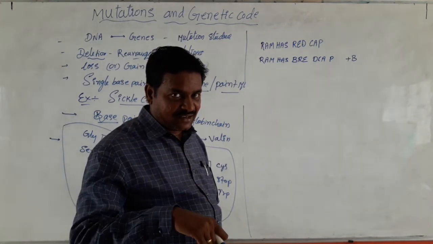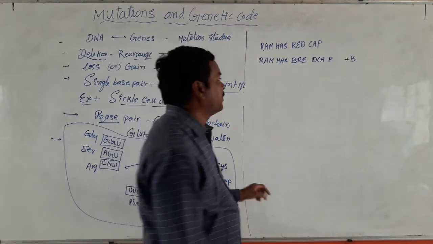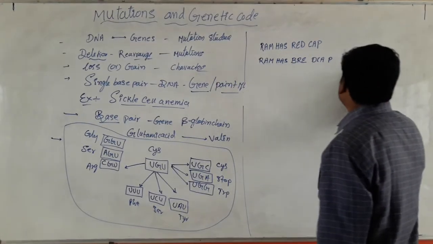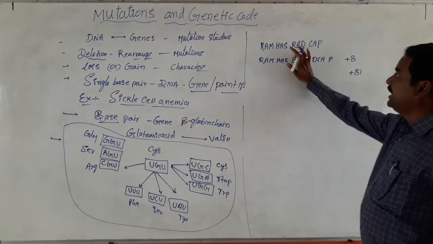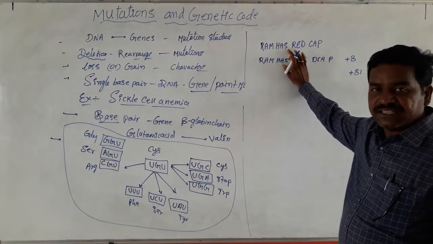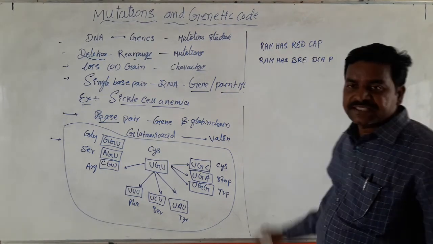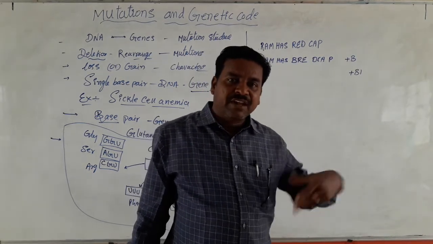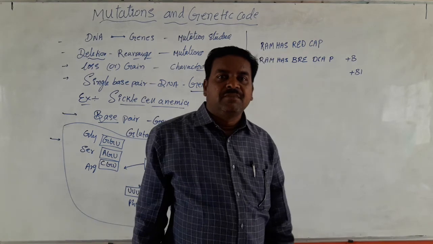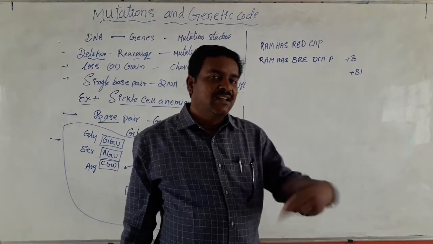So, when letter B is inserted between has and red, the reading frame will be changed from where the letter is inserted onwards. For example, when two letters B, I are inserted between the has and red, what happened? Here also the reading frame will be changed from where the two letters are inserted onwards.